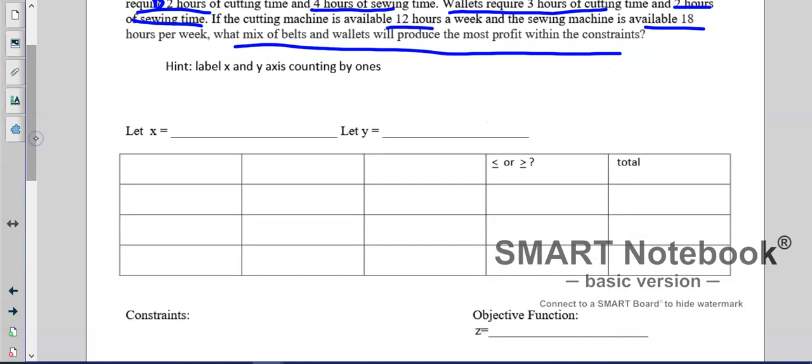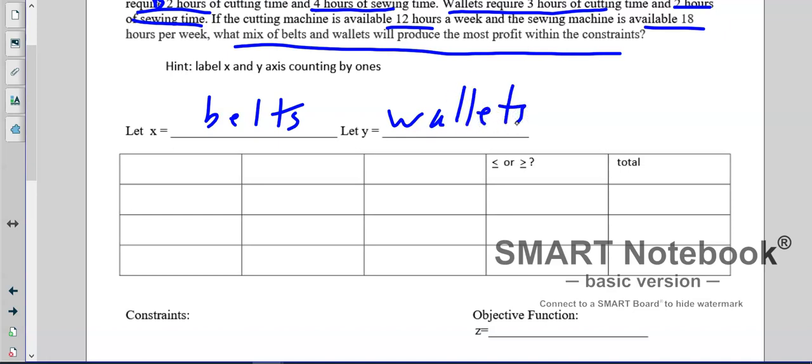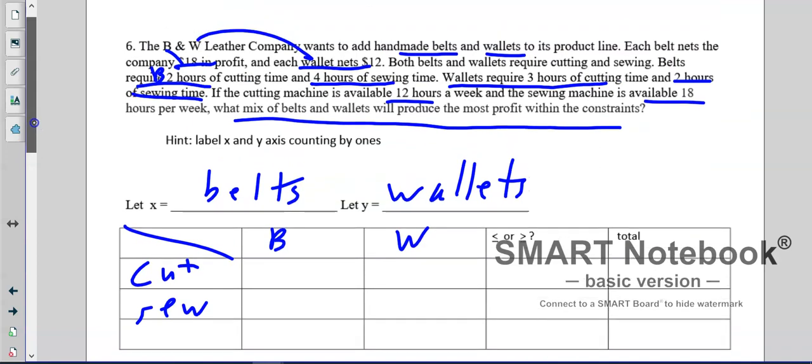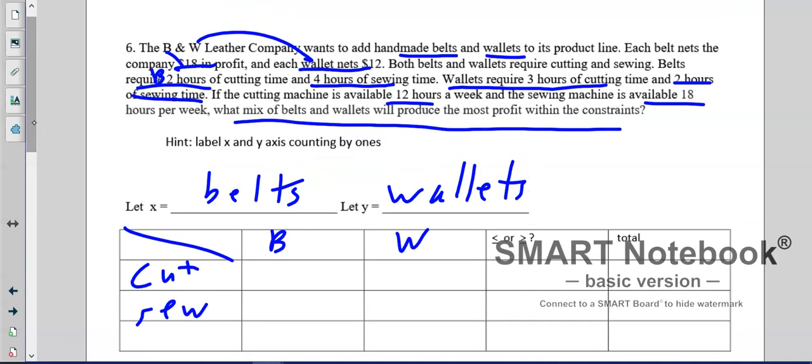So, that tells you right there. Just go in order. Belts and wallets. So, belts and wallets. I'm just going to abbreviate. Now, we have cutting time and sewing time. So if we look again, it says belts have 2 hours for cutting and 4 hours for sewing. Wallets require 3 and 2.